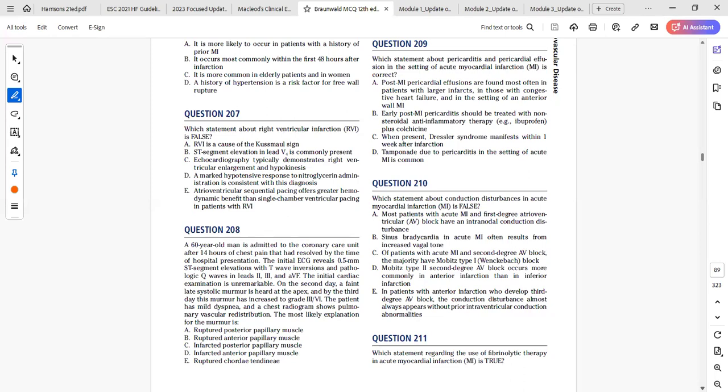Because it was a gradual thing, gradually increased from the second day and then to the third day it was grade 3, I would go more with an infarction than a rupture.